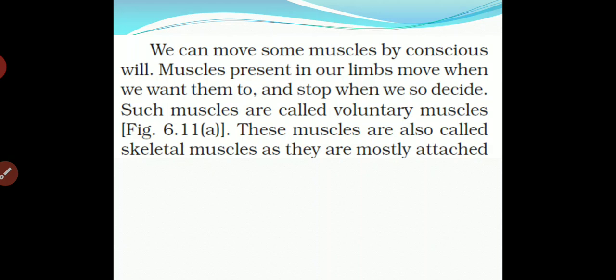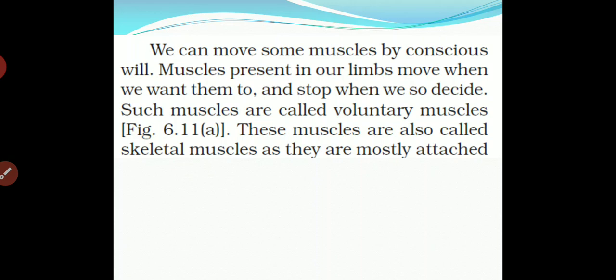Muscles that move voluntarily in a particular body are known as voluntary muscles. So what is a voluntary muscle? A muscle which is under the control of the body and can be easily moved by its own decision is said to be a voluntary muscle.